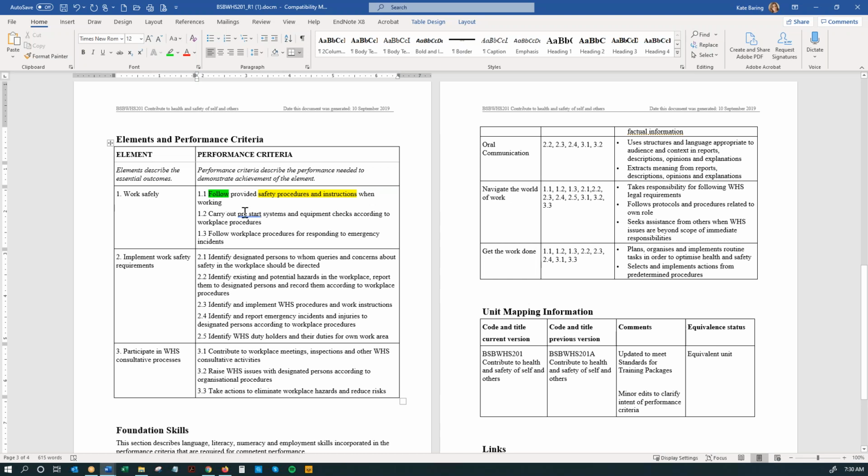So that's why we're talking about the fact that there are skills and knowledge embedded within most of these performance criteria. The next one, for example, says carry out pre-start systems and equipment checks. Again, you would need to know what those pre-start systems and equipment checks are before you can actually carry them out.